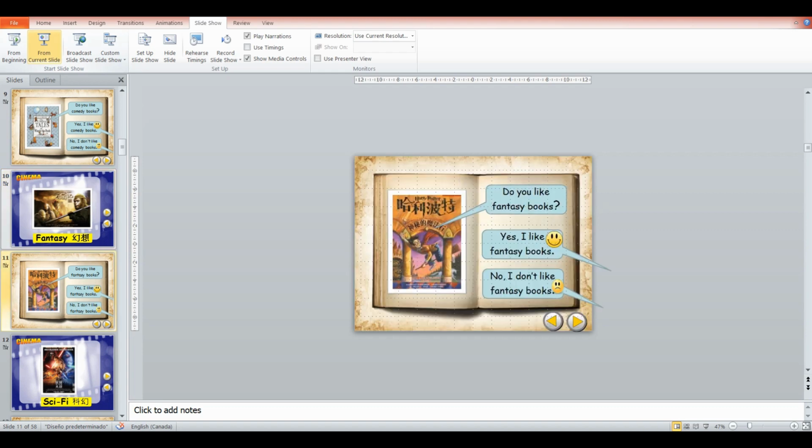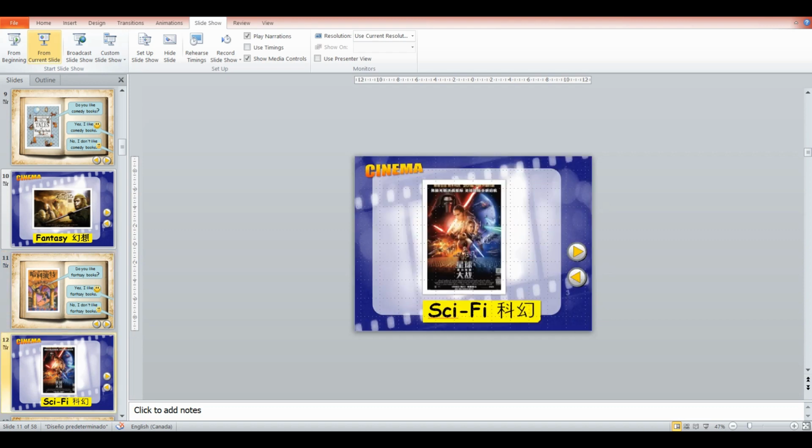And then we talk about, do you like fantasy books? So it's a pattern that I get them accustomed to. Same with sci-fi. What can you see in sci-fi? They're going to say robots, rockets. These words are very common even for those Chinese students that don't really know English that well, because they could be quite similar sounding.